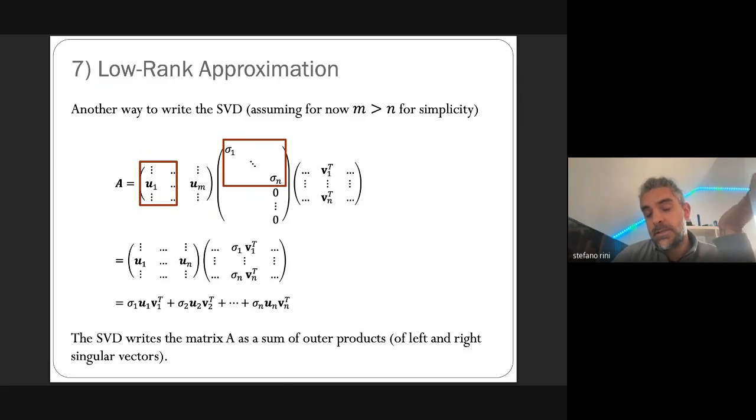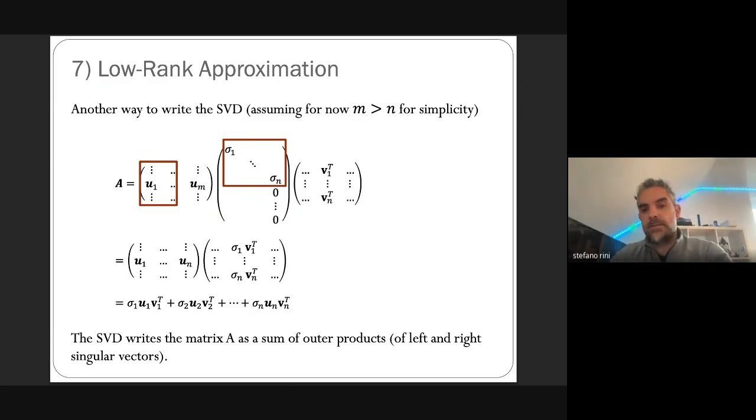So now we have a concept of approximating the matrix with a low rank matrix by going to the smallest singular values and eliminating some of them. If we do this, we are throwing away some outer products that have low weight in some sense, and we are creating an approximation of the matrix.